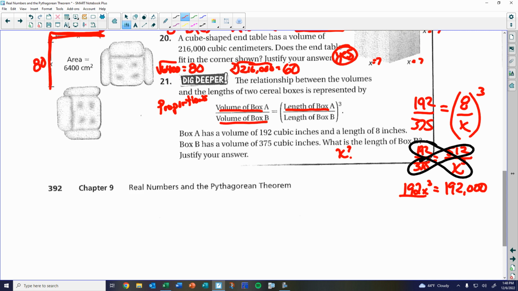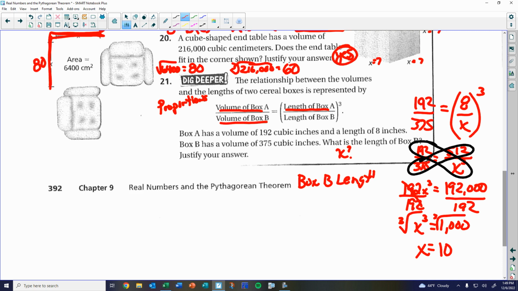So divide by 192 on both sides. That just leaves you x to the 3rd on the left. And 192,000 divided by 192 is 1,000. And I'm going to cubic root both sides to solve for x. The cubic root of 1,000 is 10. So that means box B's length is 10 inches.